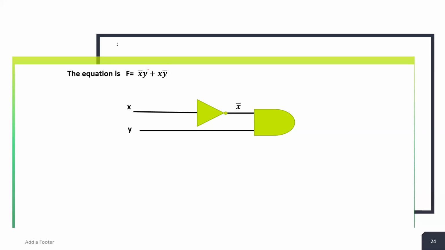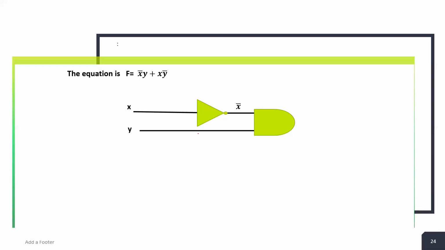Clear? So take the AND gate symbol, and we have two inputs, X and Y, but X is the complement. So we connect the NOT gate with X, then we get X complement. Clear? And Y is a simple input, so simply connect it.